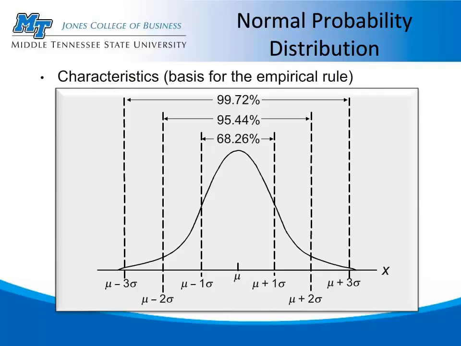Now 3 standard deviation units, assuming that sigma is equal to 6, let's see, 6 times 3 would be 18. You add that to 80, you'd get 98. We subtract that from 80 and we come up with a 62. So we would expect almost all of the scores, 99.72% of the scores, to be between 62 and 98.